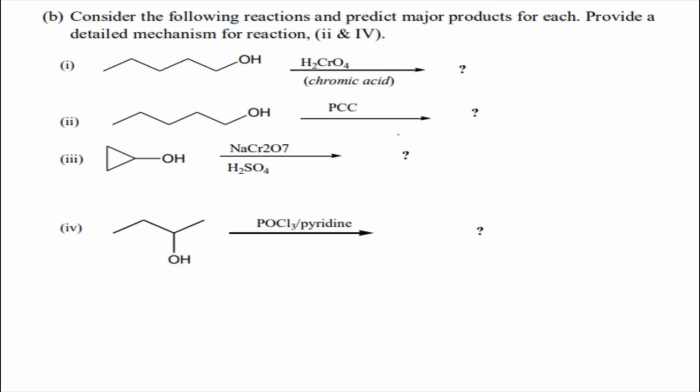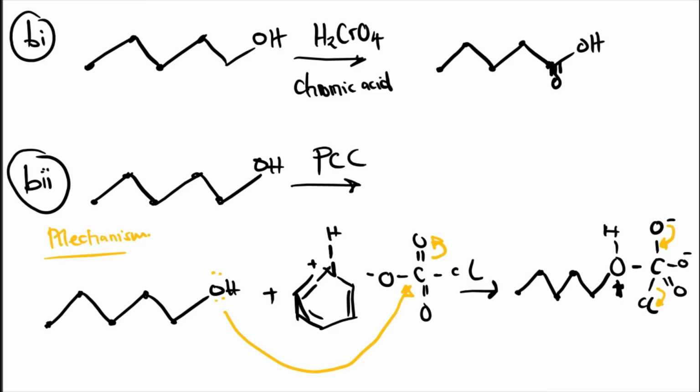Okay, now let us look at these mechanisms. So what happens if you react an alcohol in these reagents? What will happen if you react an alcohol in these reagents? Okay, let's look at the reaction mechanisms.